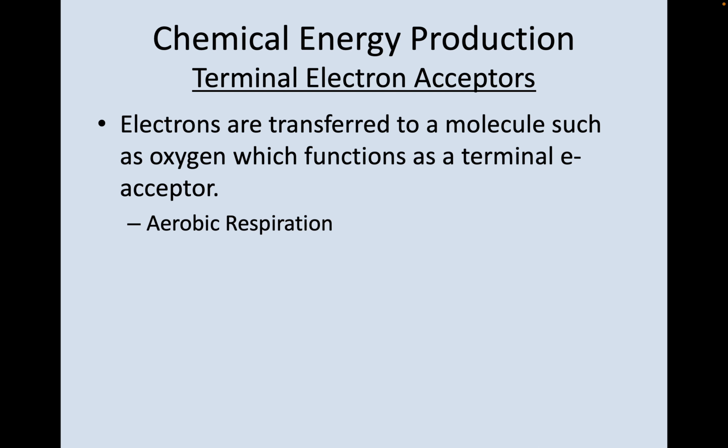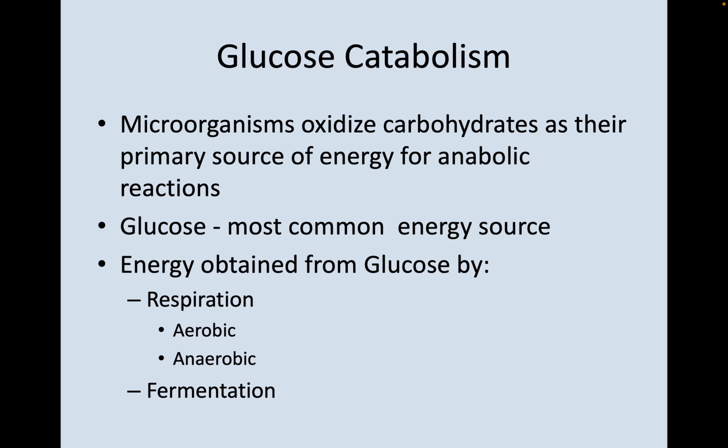So we use oxygen when we do cell respiration to help take these electrons when they're done being used to generate a proton gradient. An example of this is aerobic respiration. This is the same kind of respiration that your cells do when your cells break down food or glucose to harvest energy.